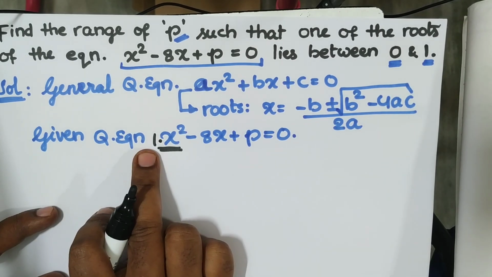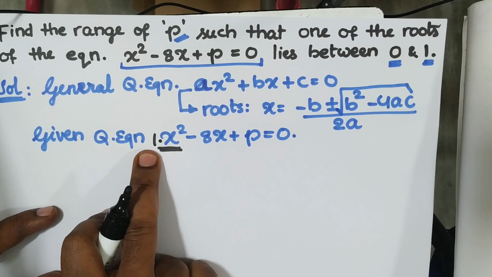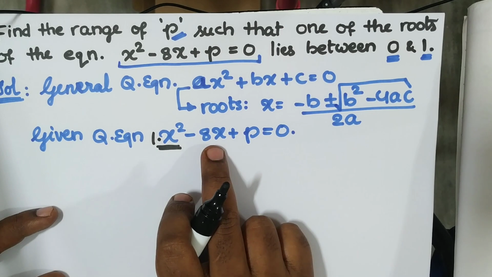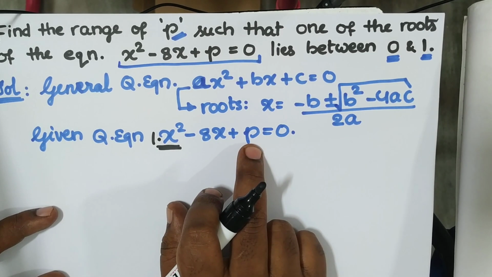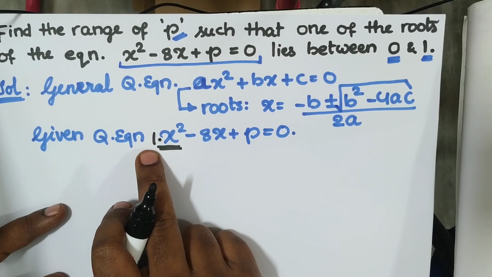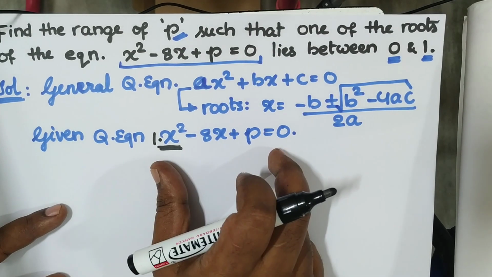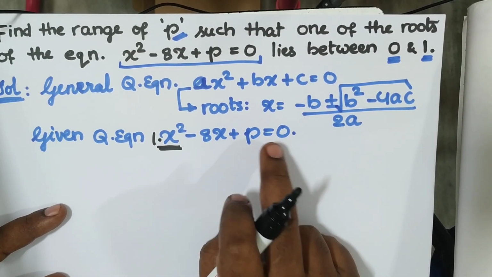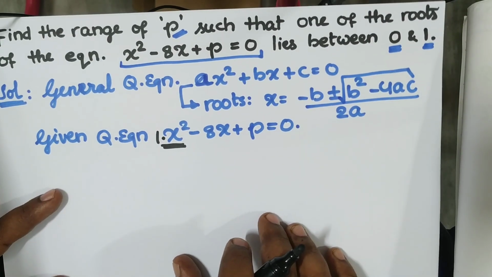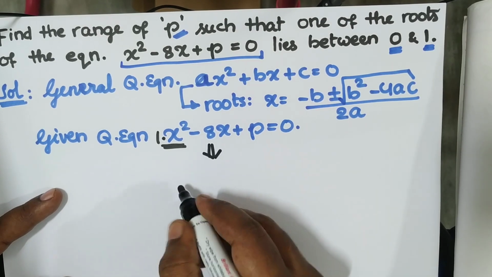Because of this one, this quantity is having some life. If this coefficient is 0, then there is no x square, and you will have a linear polynomial, minus 8x plus p. As we have coefficient 1 here, and left hand side equal to 0, this is a quadratic equation.